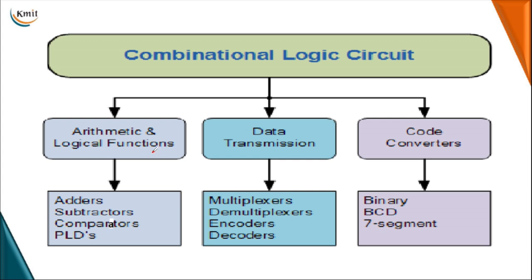Data transmission devices are multiplexers, demultiplexers, encoders, and decoders. Code converters also come under combinational circuits, and their examples are binary to BCD converter, binary to 7-segment display, binary to Gray code converters, Gray to binary converters, and binary to XS3 code converter.